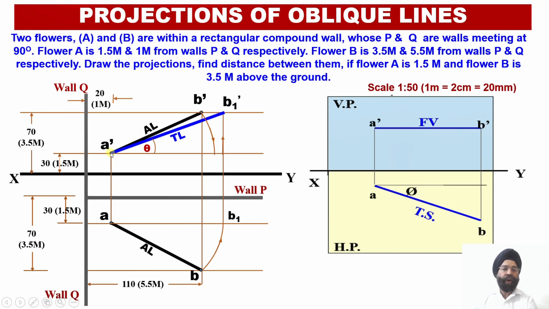Here we have got our needle point of the compass available at point A dash. We'll open the compass equal to the radius A dash B dash and rotate it through point B dash up to the locus line corresponding to the point A dash, such that this projector A dash B dash becomes parallel to the horizontal plane over here.